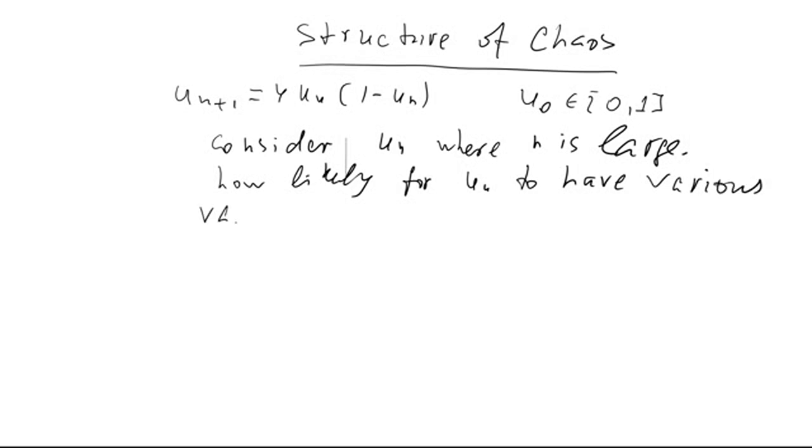So we know that it can have basically any value, but what we want to know is whether some values are met more often than others when n is increasing. So this we know.